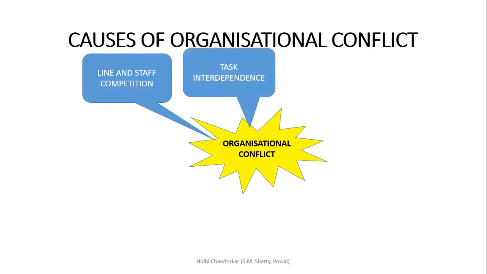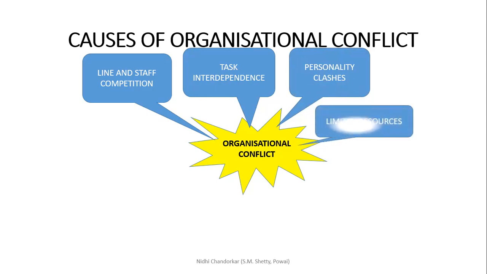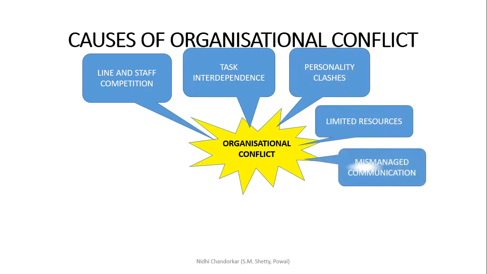It can be because of task interdependence. It can be because of personality clashes within a group or within an organization. It can be because of sharing of limited but scarce resources. It can be because of mismanaged communication. Sometimes under communication, over communication, or miscommunication can lead to conflict.